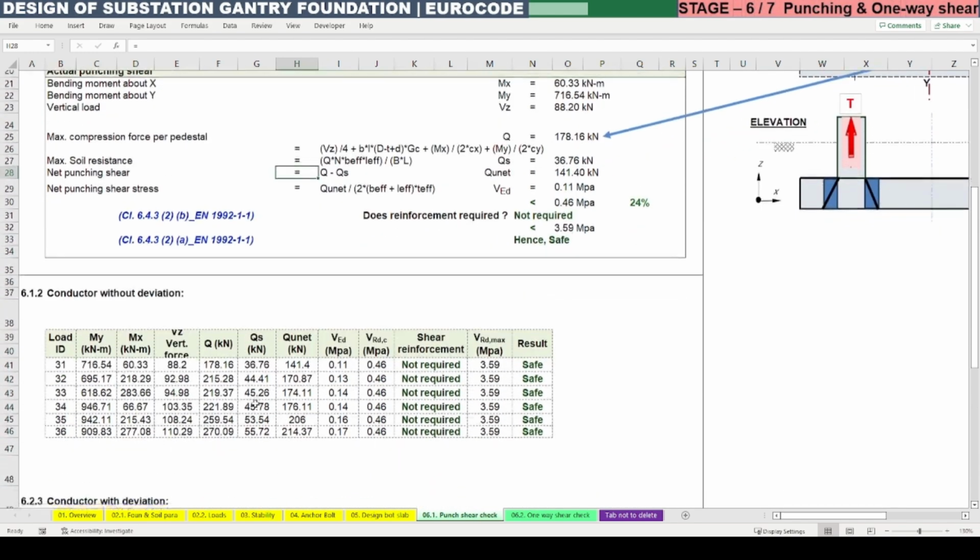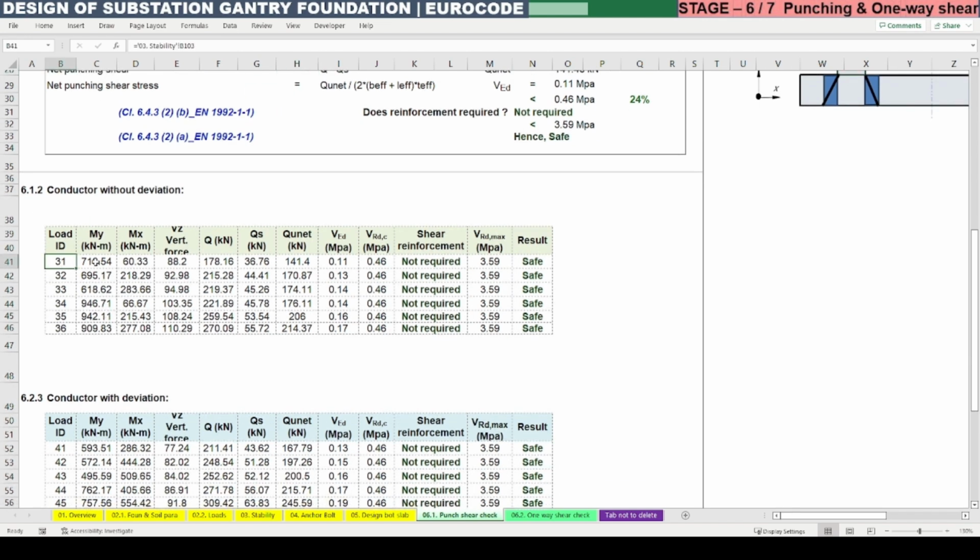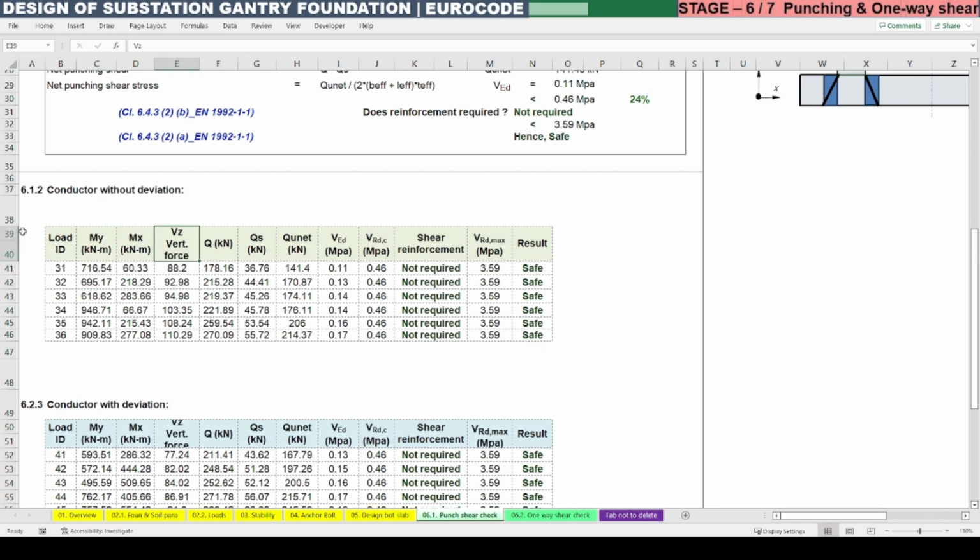Now we need to summarize this in a table for all the load cases. So this is what is done here.